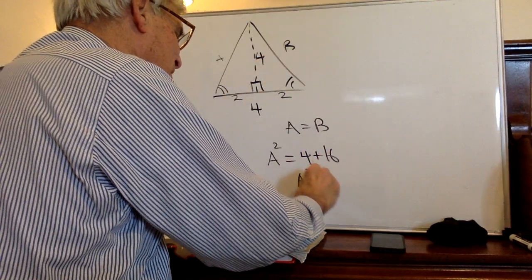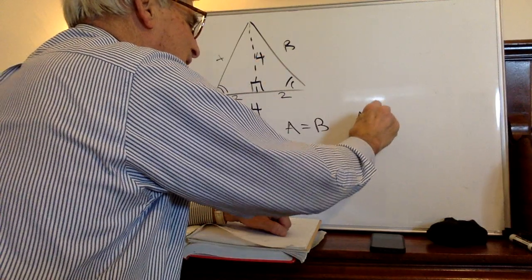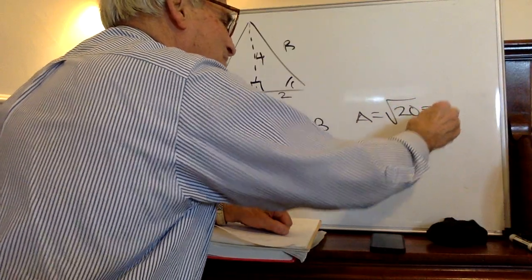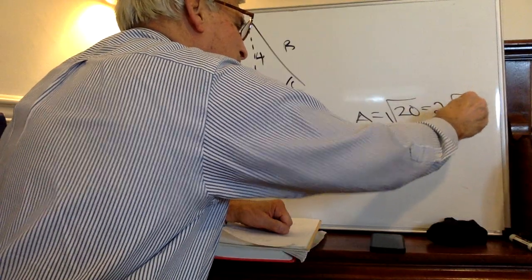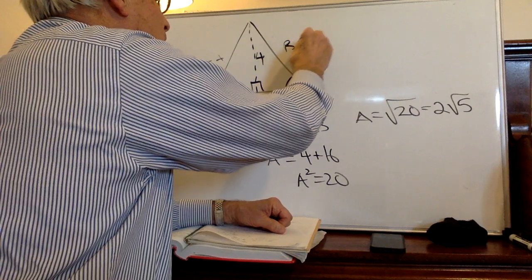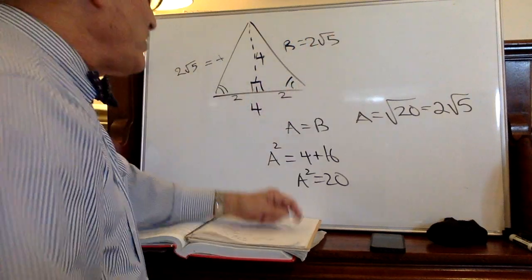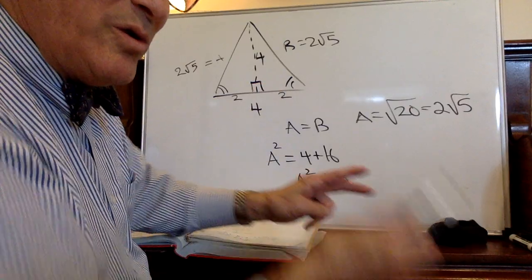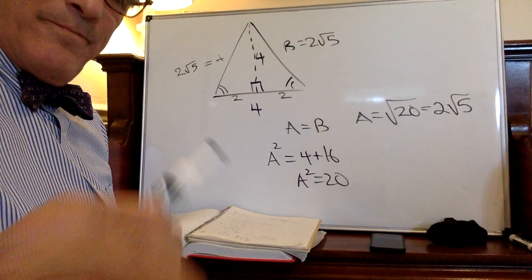So A squared is equal to 20. So A is equal to the square root of 20. 20 is 4 times 5, which is 2 root 5. Therefore, both A and B are 2 root 5. And the reason I knew A and B were equal is because these angles are congruent. If two angles are congruent, the sides opposite are congruent.